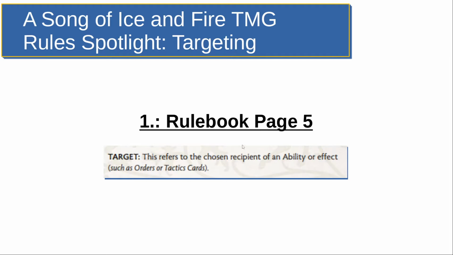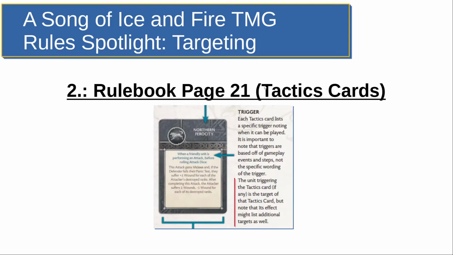If we go a bit further in the rulebook, page 21, a paragraph about tactics cards in the trigger section says: the unit triggering the tactics card, if any, is the target of that tactics card. So this basically means that every time there is a unit in the trigger of a tactics card, this unit is targeted by the tactics card. Then there's the sentence: but note that its effect might list additional targets as well. This is a bit ambiguous.